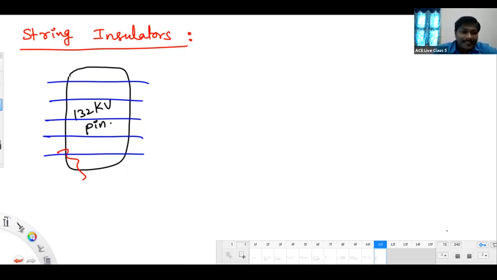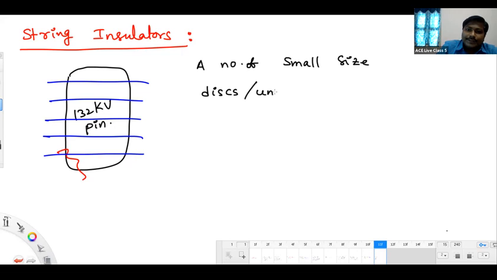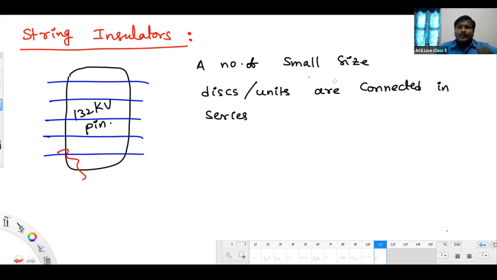So the basic definition of a string is simply a number of small size discs or units connected in series to form a string.